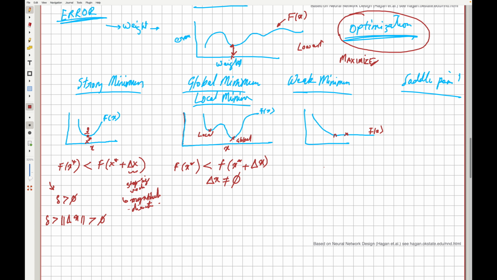And to write that out, we say that f of x star is less than or equal to f of x star plus delta x. And again, this is true for all delta where the step size or norm of delta x is greater than 0 but less than delta, where delta is greater than 0.